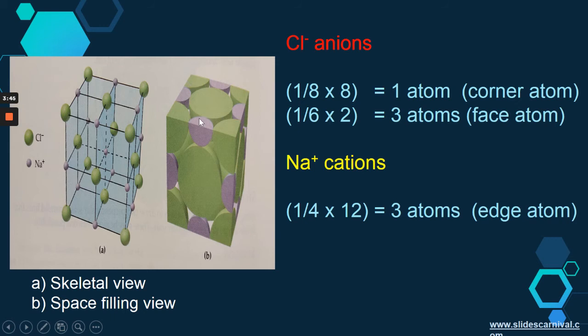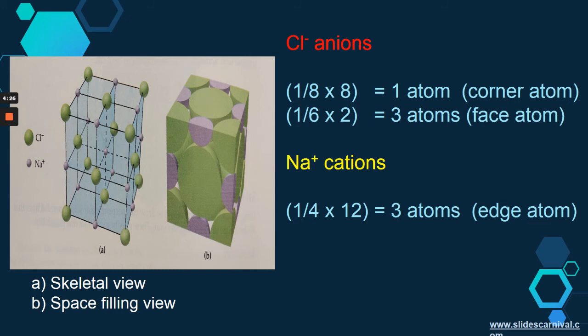We have 8 corners, so here we have 8 chloride anions in the corners of the cubic unit cell. So we have 1/8 times 8, because each corner atom is shared by 8 cells. So 1/8 times 8, and we get 1 atom as the corner atoms.